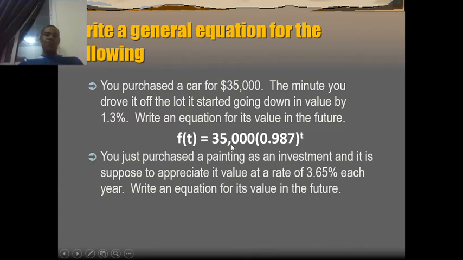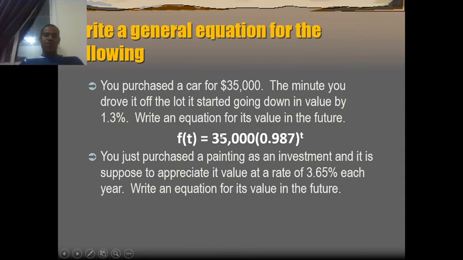So here we have the first one. I will make f, the function f of t, equal to 35,000 multiplied by 100% minus 1.3%, which is 0.987 to the power t. Okay, so it's a variable in terms of t.